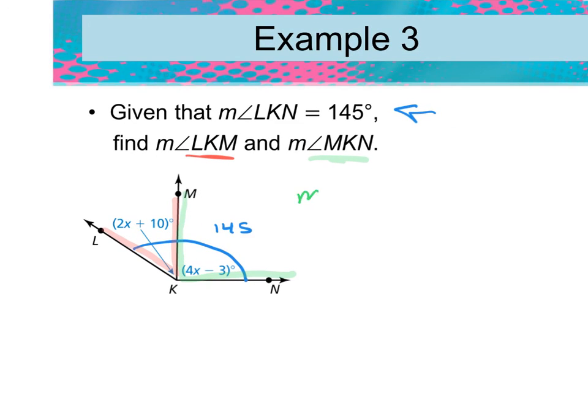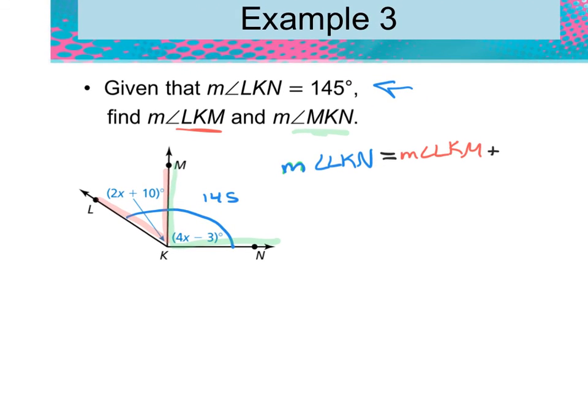So I know that the measure, let me do this in a darker color, I'm doing this one in blue, the measure of angle LKN, the whole thing, is going to be equal to the little red one, the measure of angle LKM, plus the green one, which is the measure of angle MKN.